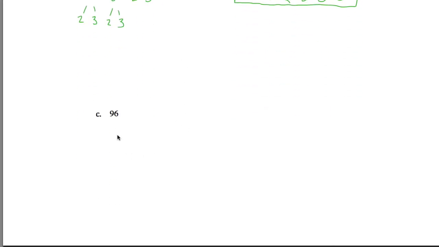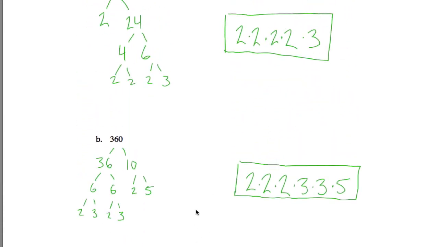And then finally 96, same idea. Few different things. It's divisible by 3, because if you add up 9 plus 6, you get 15, which is divisible by 3. You might also notice that it's even and therefore divisible by 2, which is probably the one most people would do. 2 times something equals 96. That something is 48. 48 is still even, so it's 2 times something, 24 in this case. And actually, didn't we already do 48?